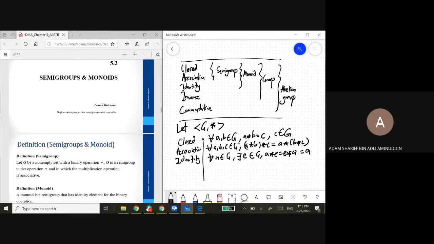And if you have identity, you might have an inverse. An inverse is defined as: for every element in G, there exists an inverse in G such that A binary operation with its inverse equals the inverse binary operation with A, and you get E.